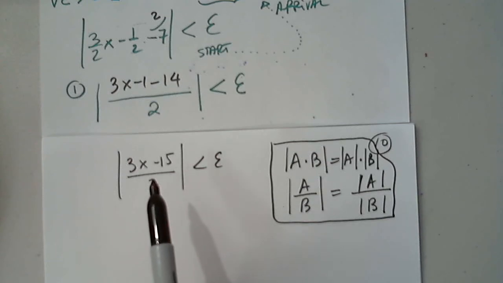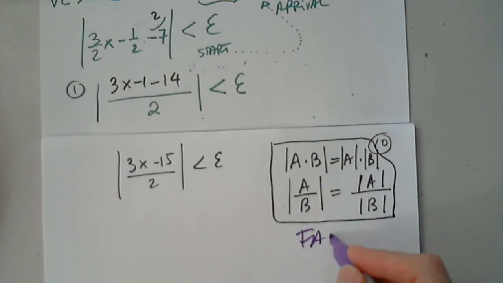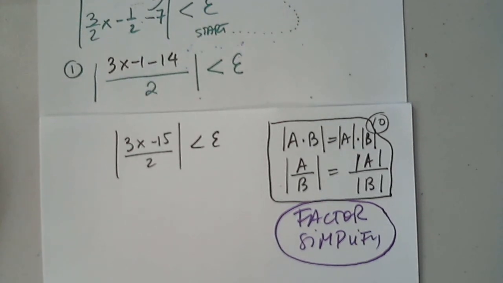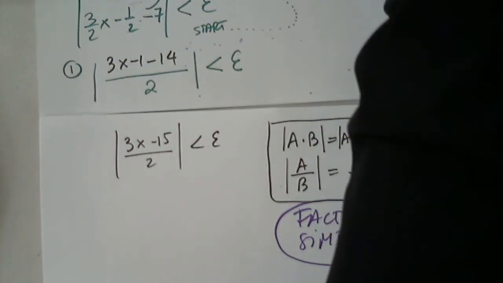So, can I factor out anything at the top? Two key words in math. Factor, simplify. If you don't learn anything from me other than this, I'm happy. But I'm hoping you're going to learn way more.